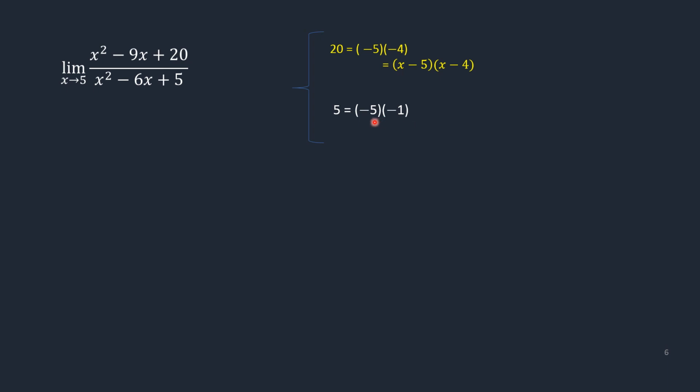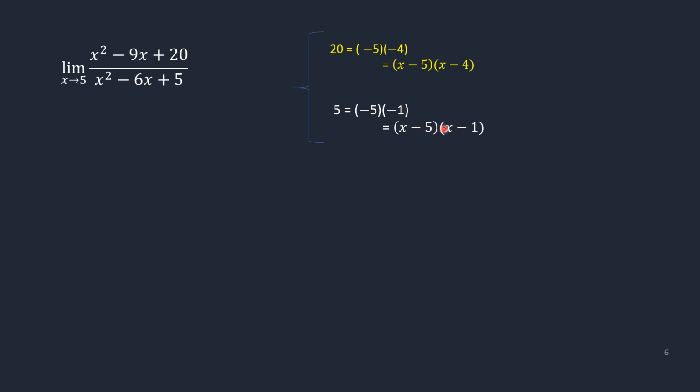Such factors are minus 5 and minus 1, whose sum is minus 6. Like we have said, whenever the coefficient of x square is 1, with the help of these two factors, we can directly write the factors as x minus 5 multiplied by x minus 1.